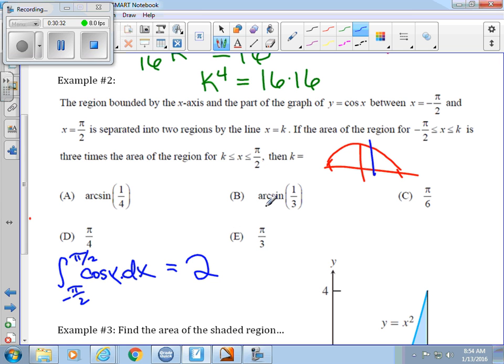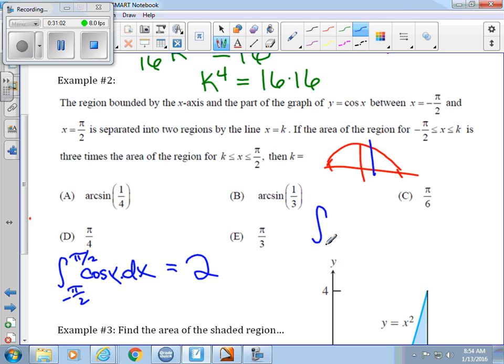Okay, if that's 2, and this is 3 parts to 1 part, wouldn't you agree each part is a half? If it's 3 parts to 1 part, there's 2 units total, right? It's like a candy bar, we broke it up into 3 parts and 1 part. We have 2 units broken up into 4 parts, and so each part would be a half.